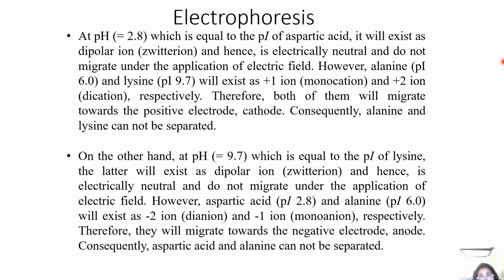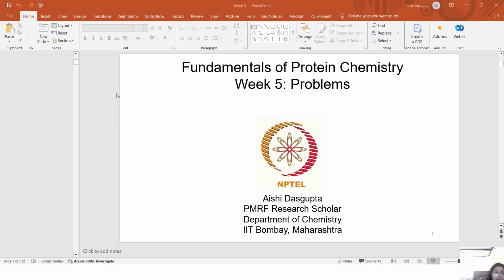So they will migrate towards the positive electrode, the anode. Sorry, this will be opposite. Consequently, aspartic acid and alanine cannot be separated.